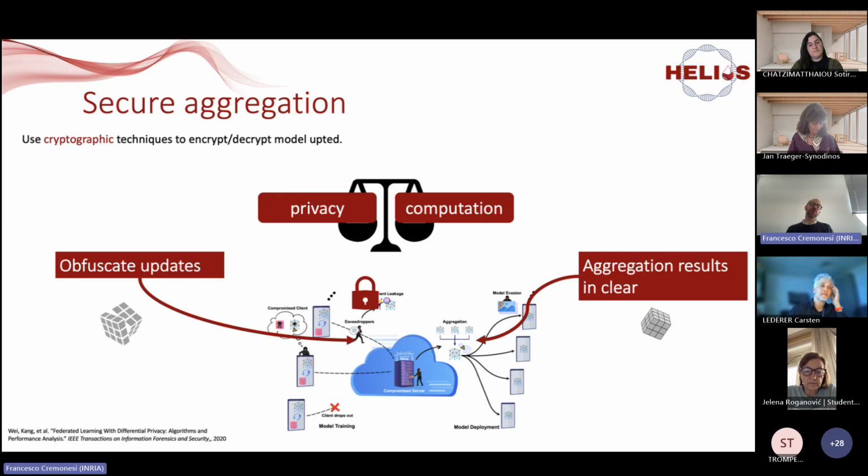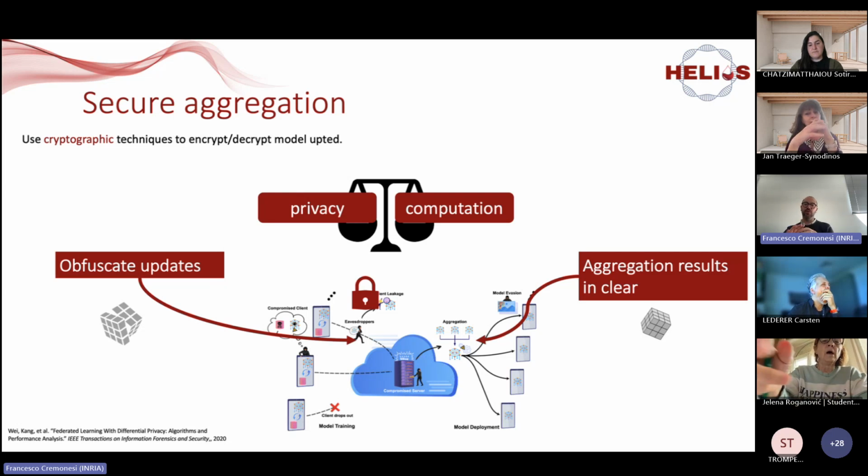The second method that we talk about is secure aggregation. The idea here is instead to use cryptographic techniques to hide the model updates in a smart way, so that you can still have the aggregation results at the end in clear. You are able to obtain the final aggregation value, but you are never able to look at the individual updates from each hospital.